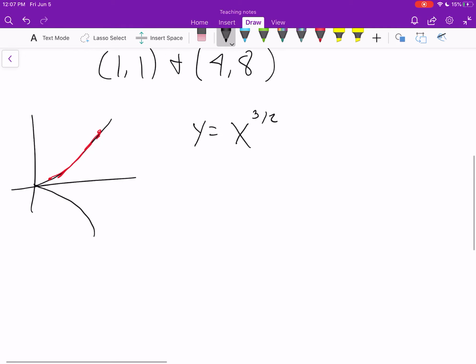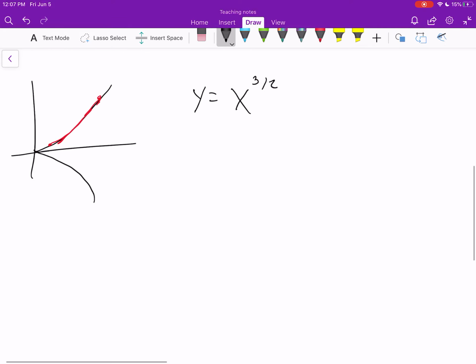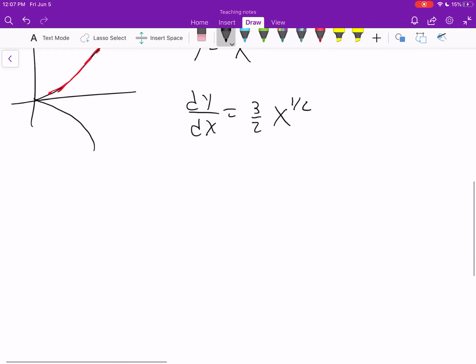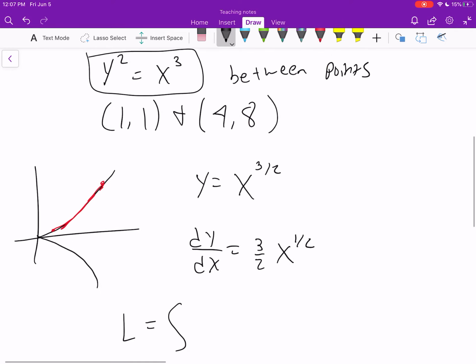For this formula, if you look again at the top here, I need to figure out the derivative. So my derivative is dy/dx equal to 3 halves x to the 1 half. Now I just plug that into my arc length formula. It's going to be the integral from a to b, and you have to think about what you're integrating here.